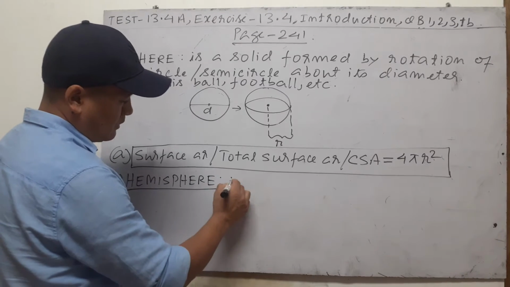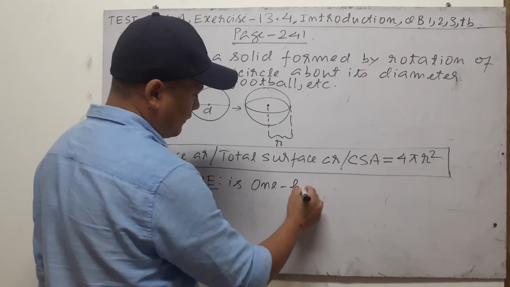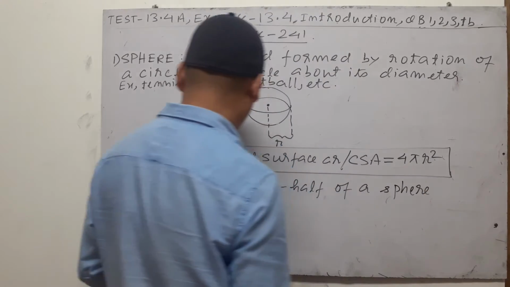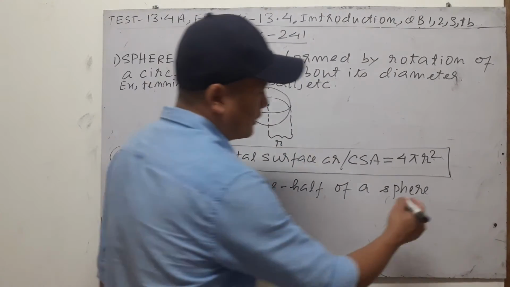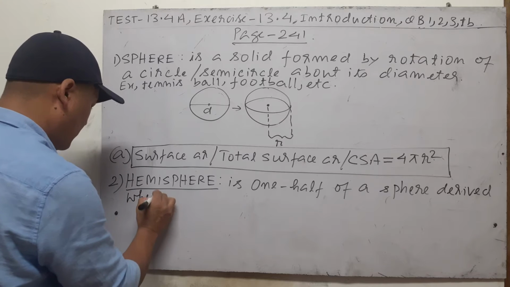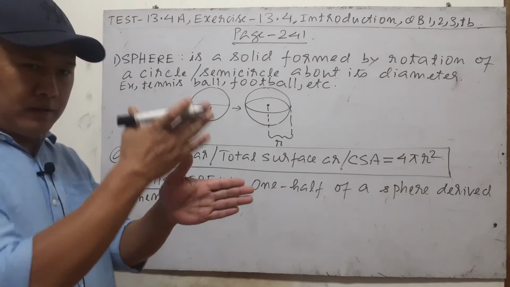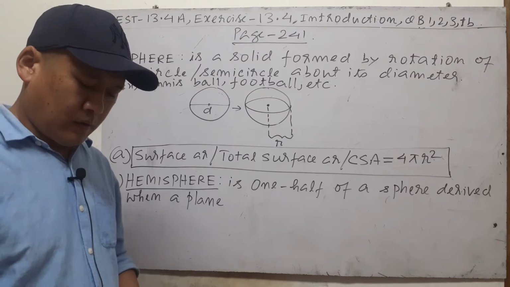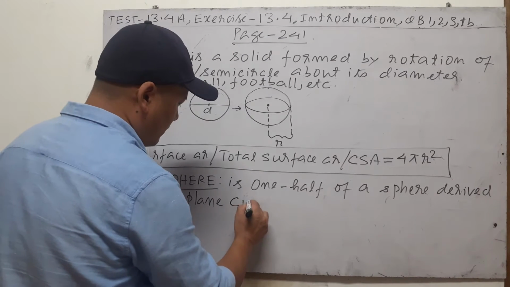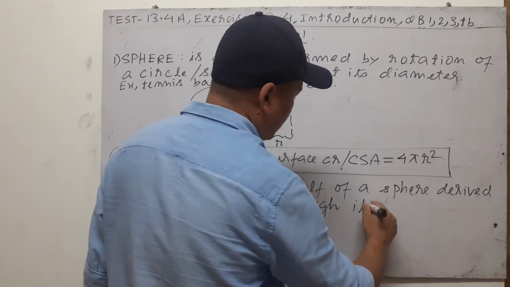How would we define it? A hemisphere is one half of a sphere, because the word hemi means half, derived when a plane cuts through its center.